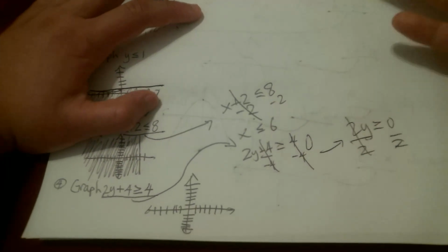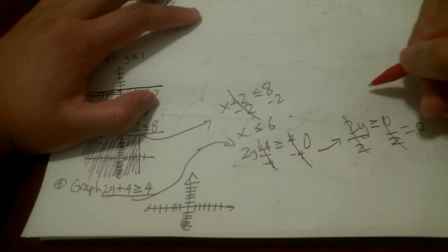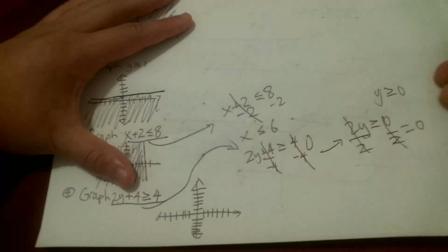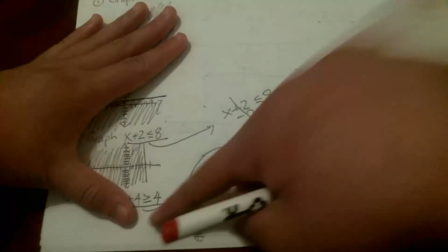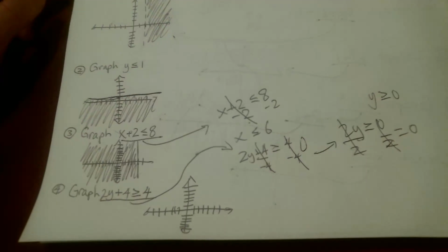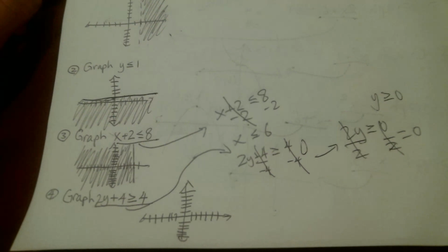So the 2 crosses out, and this one would just equal 0. This would just mean that y is greater than or equal to 0, which is just the x-axis in this case. Then we would have to find all of it that is greater than or equal to 0.